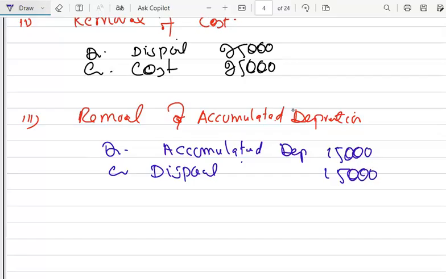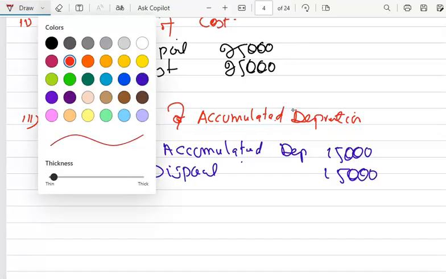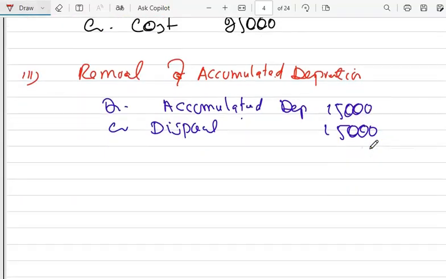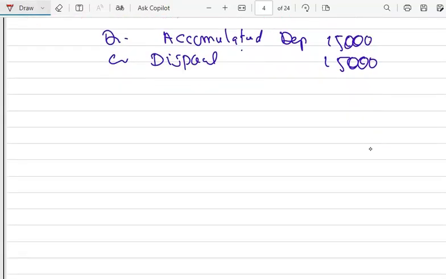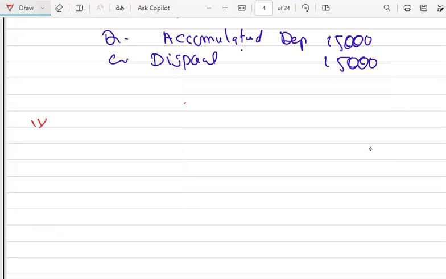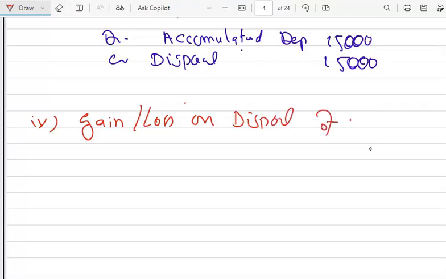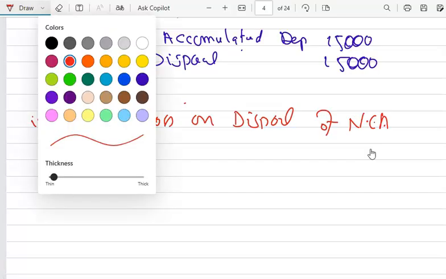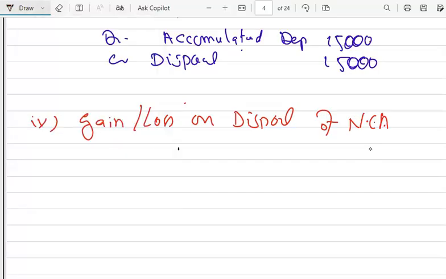And the fourth and last point we will see is regarding the gain or loss on disposal of the non-current assets. Loss on disposal. Okay, so in this case, I will calculate the sale proceed.